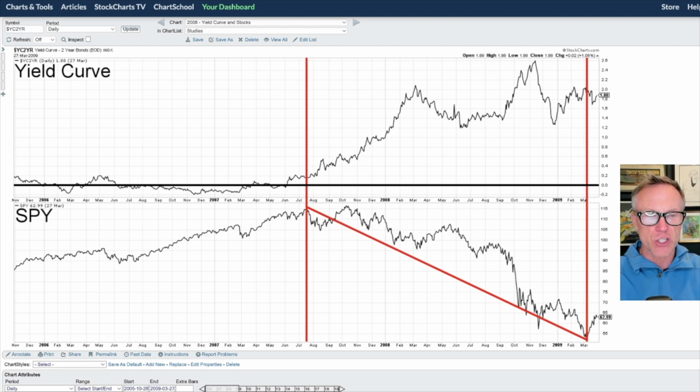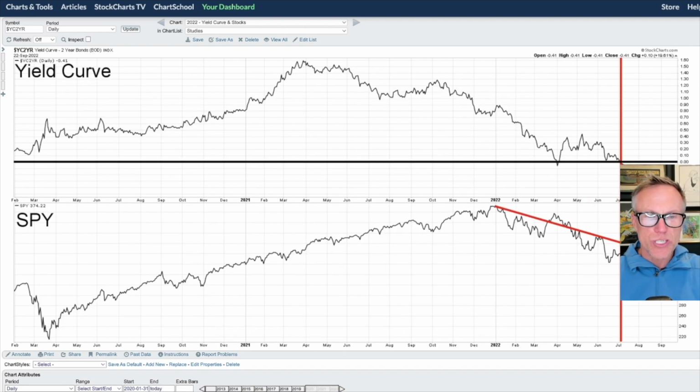After the curve inverted and stayed inverted for, just for easy math, a year-ish, the yield curve started to steepen again. Then the stock market fell, going from memory here, 55, 58% in the global financial crisis. So it preceded it, but the stock market started falling after it steepened.